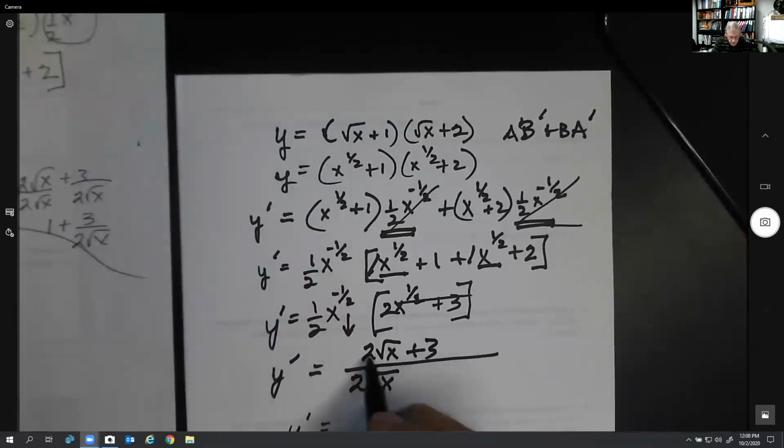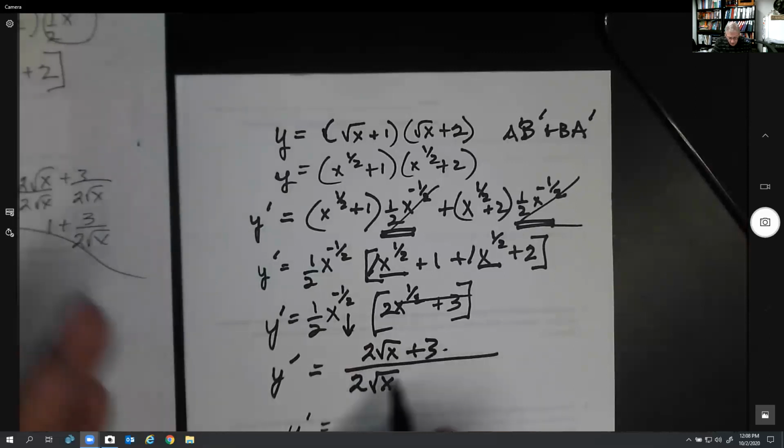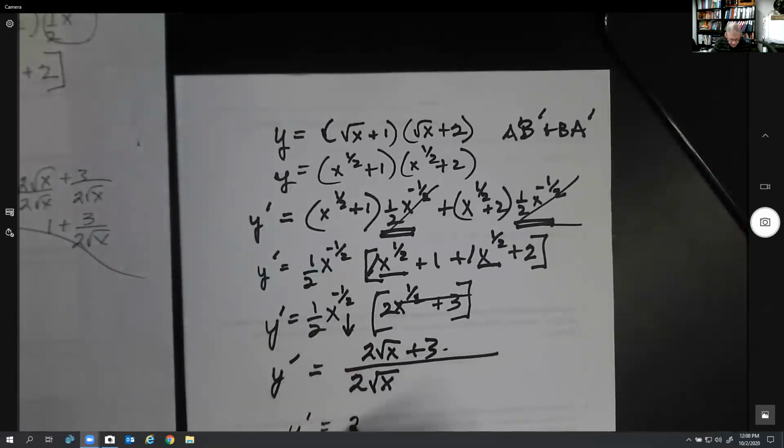We've got the sum over a total here, so we can put each part over 2 radical x, and we can put the 3 over the 2 radical x. So this would cancel out and give us 1, not completely canceled out, plus 3 over 2 radical x.